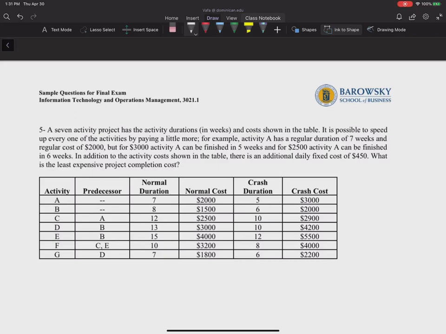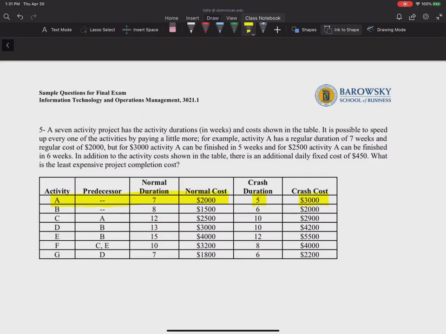Okay, so for example, let's take a look at activity A. The normal duration and normal cost are 7 and 2,000, but for $3,000, this activity can be done in 5 weeks. And for $2,500, this activity can be finished in 6 weeks. What does it mean?